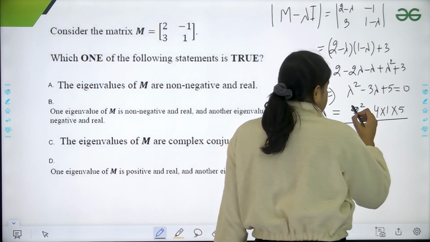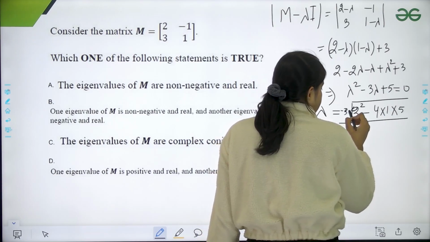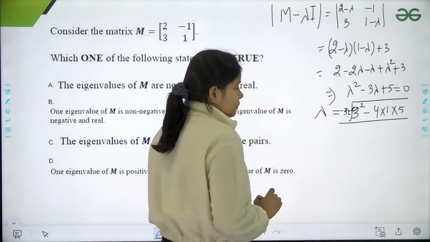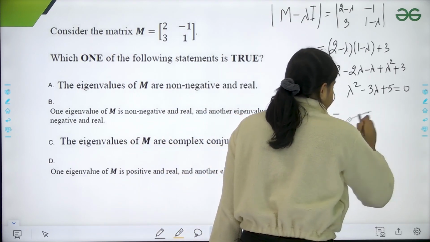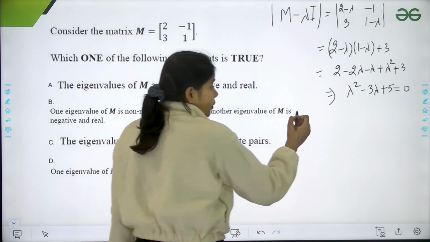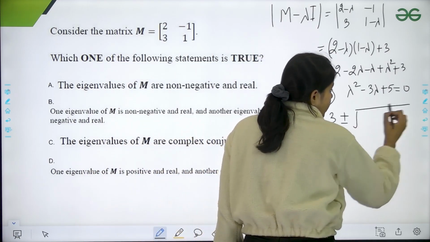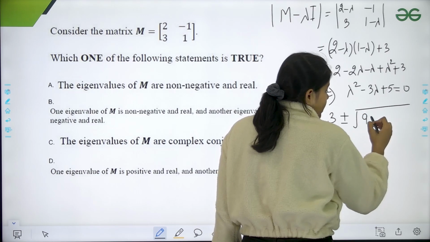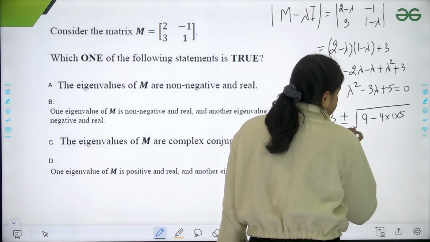Let me write it down again. The formula would be: lambda value would be minus b, that means 3, plus minus square root of b square, 3 threes are 9, minus 4ac, 4 into 1 into 5, right, upon 2a.